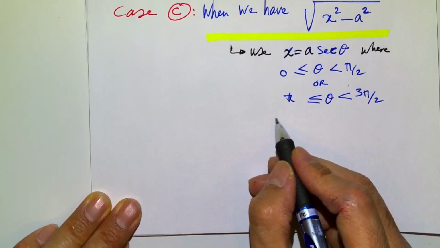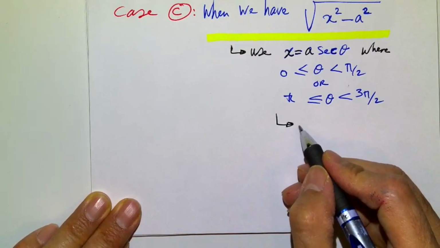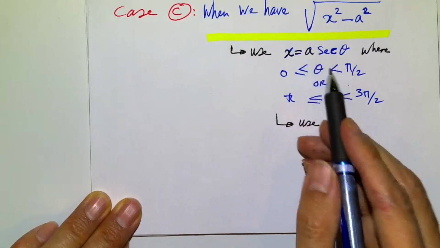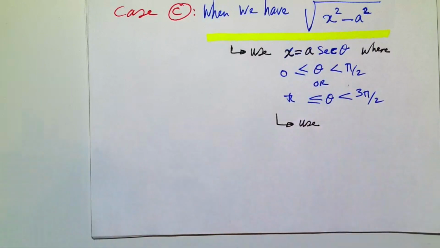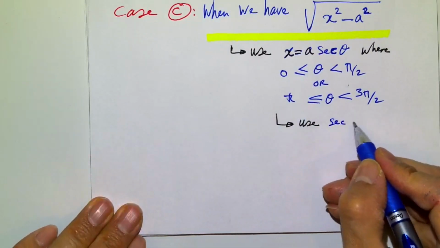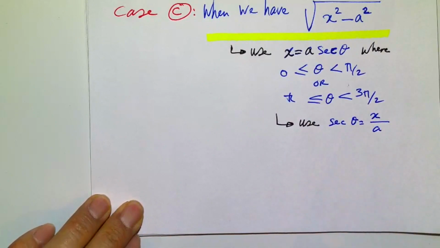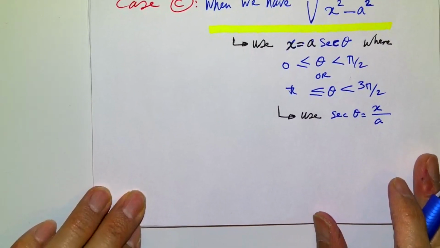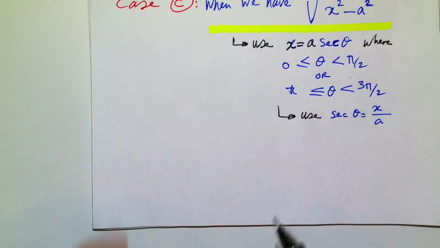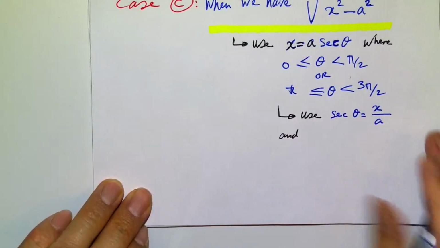And then after that, use secant theta equals x over a, and remember that secant and cosine are reciprocals of each other.